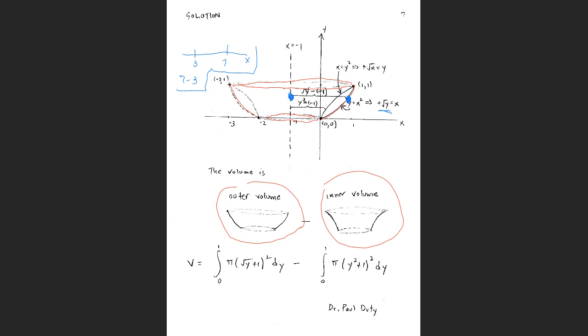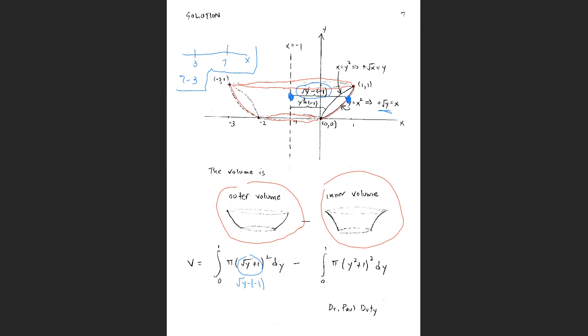So I take positive root y and subtract the x value of -1. That gets me a radius for the outer volume of square root of y plus 1.